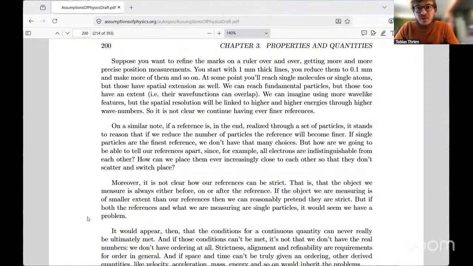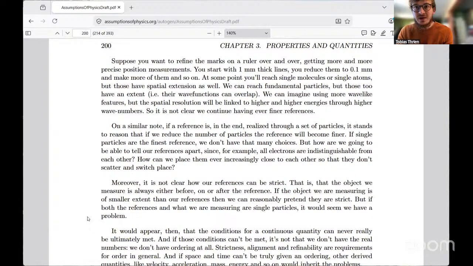Suppose you want to refine the marks on a ruler over and over, getting more and more precise position measurements. You start with 1 millimeter thick lines, you reduce them to 0.1 millimeter, and make more of them, and so on. At some point, you'll reach single molecules or single atoms, but those have spatial extension as well.